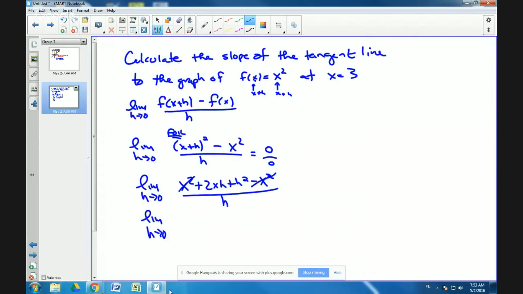Okay, I'll answer the question, right? So now what's left? Can I factor an h out? Good. And now I can cancel, right? And plug 0 in, and I get 2x.